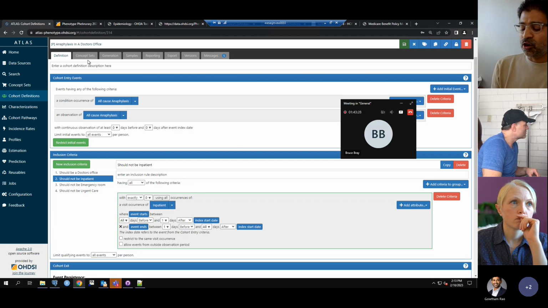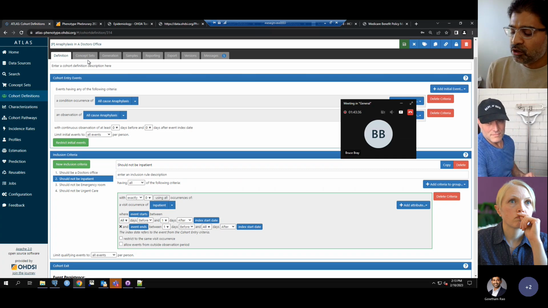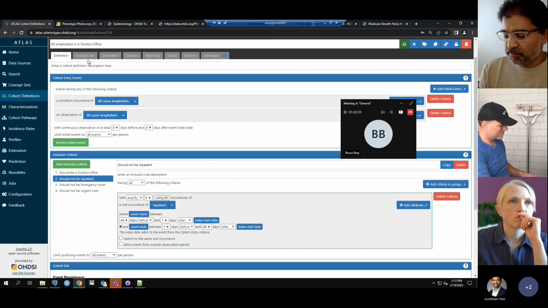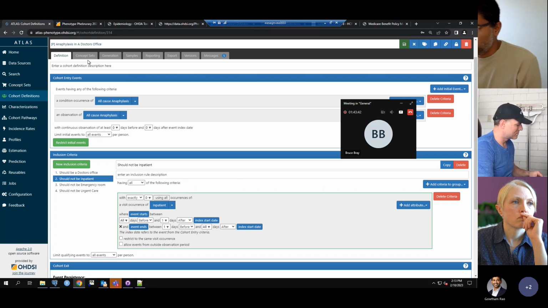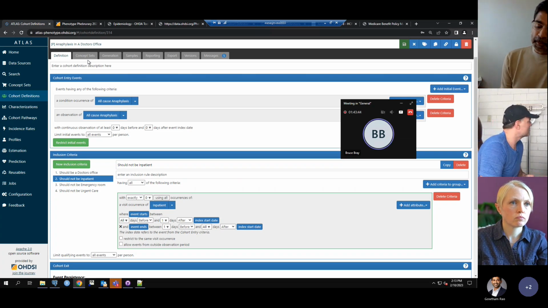So if your code definition is based solely on the diagnosis of anaphylaxis, you may be capturing a large number of people who are just going to a doctor's office for an EpiPen prescription as part of the anaphylaxis action plan. Yes, so that makes sense.